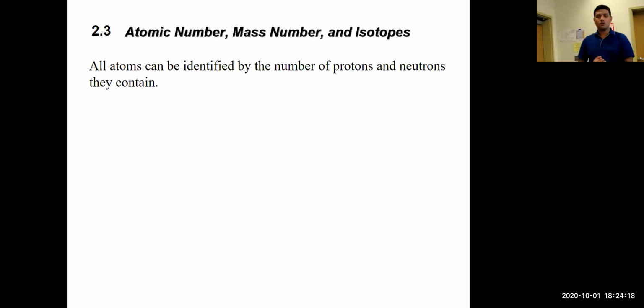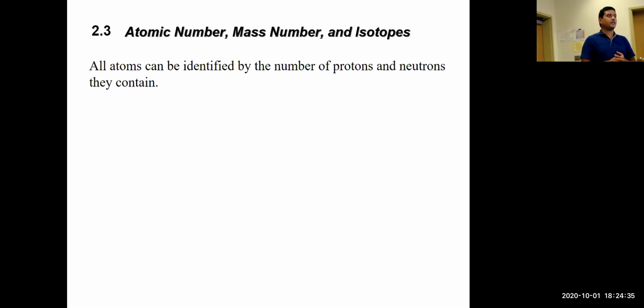So one thing that we need to be sure about an atom is that it has a unique number of protons. A specific atom has a unique number of protons, and those protons can be used as its identity.